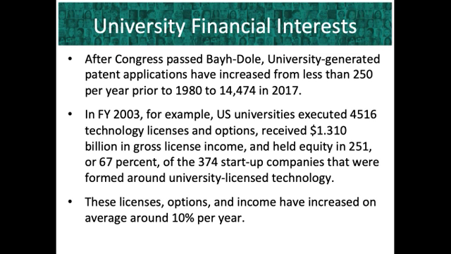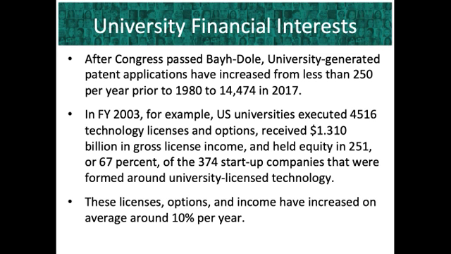But what you see is a radical increase, as I mentioned, in the number of university-generated patent applications. So prior to 1980, you had less than 250 per year, and in fact, recent studies suggest that the number was in fact much lower, more in the range of maybe 24.